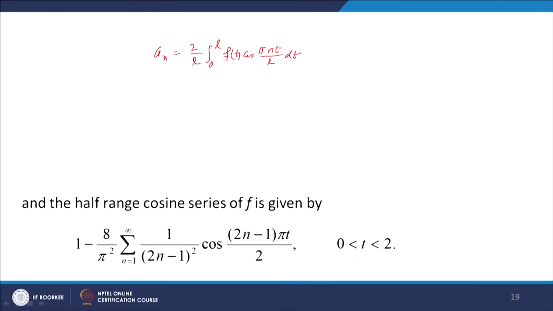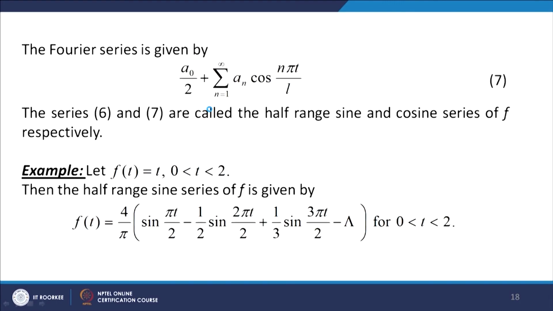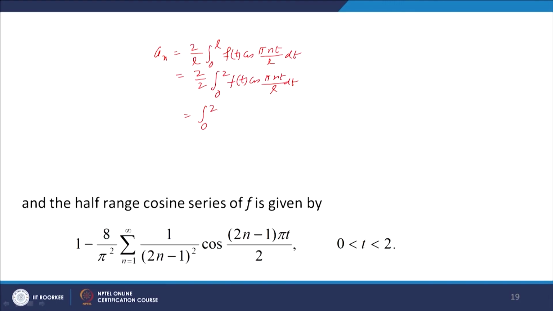The function is defined over 0 to 2. So, L is equal to 2. So, we get 2 over 2, integral from 0 to 2 of f(t) cos(pi n t / L) dt, and in the interval 0 to 2, f(t) is defined as t. So, we can write it as integral of t cos(pi n t / 2) dt.